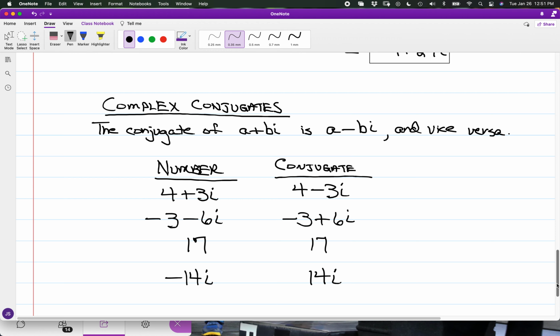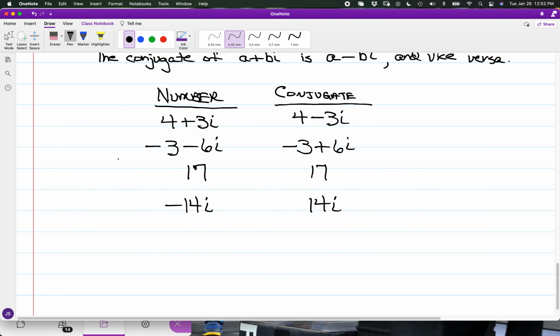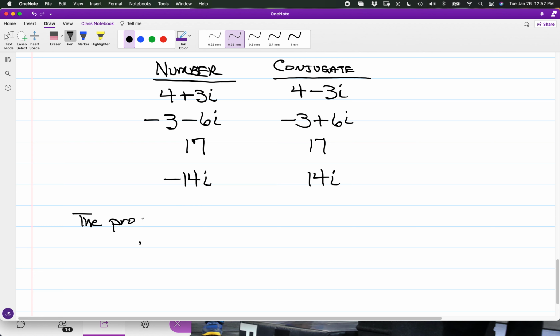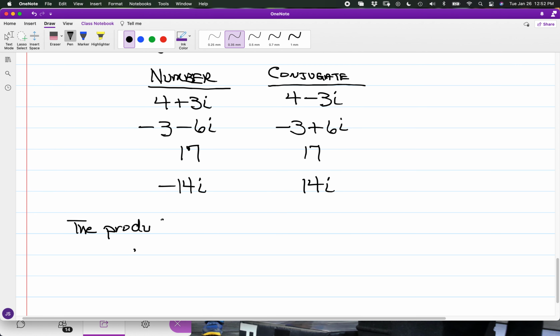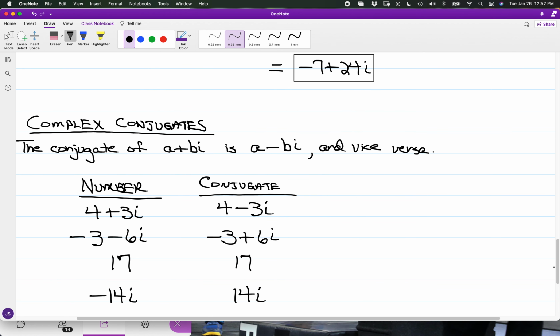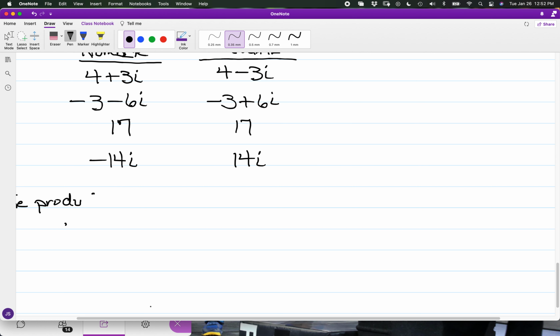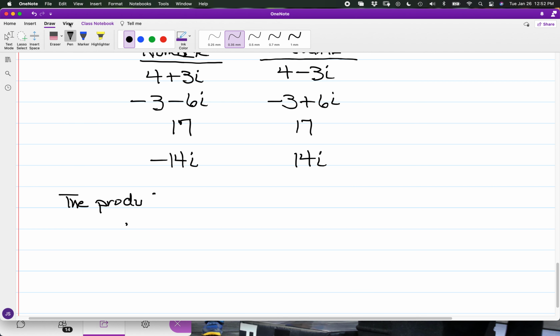And now, regarding conjugates, for the product of conjugates, we're going to have a real constant as the result.